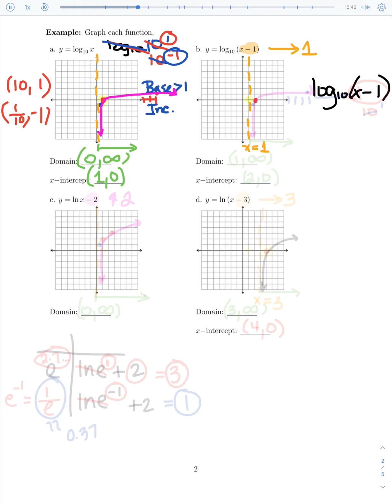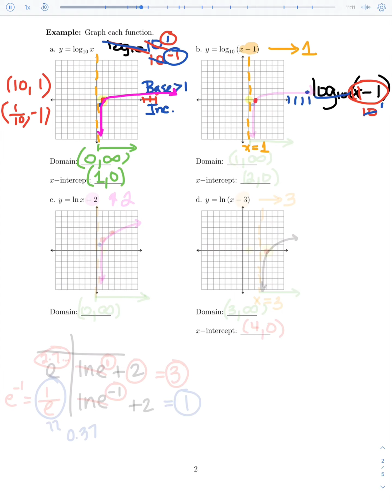So the only thing that's going to get me a 10 is if I actually plug in an 11, because 11 minus 1 will give me a 10. And then your log base 10 and 10 will cancel out, leaving you with just the hidden 1 as your exponent. So when I plug in 11, when I'm way down here at 11, I'll actually get out 1.